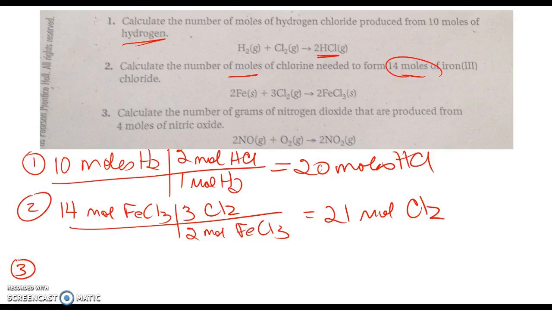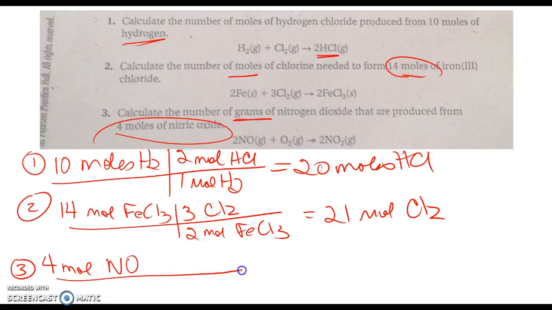Number 3. Now, I'm going to need to get to grams on one of them, but I'm starting with moles of nitric acid. So 2 moles nitric acid, which is HNO3, and I need to go, using the balanced equation, I know that for every 2 moles nitric acid, I get 2 moles of nitrogen dioxide, don't I? 2 and 2.